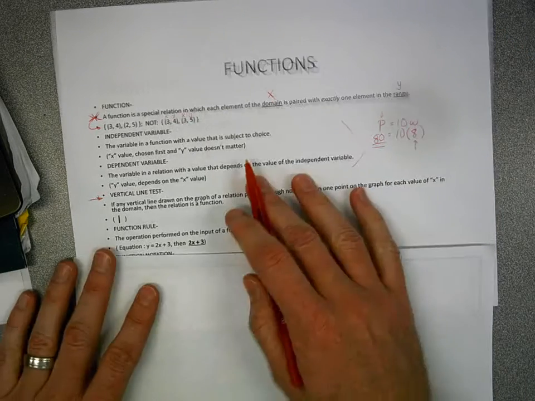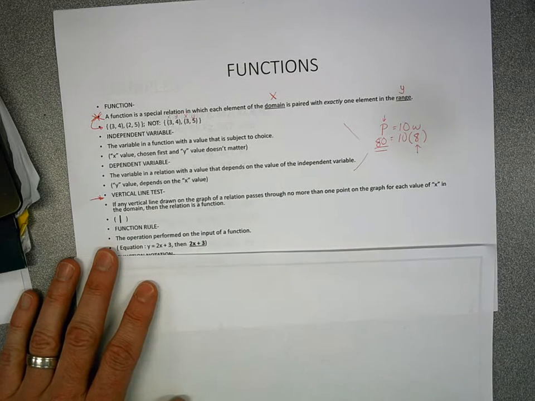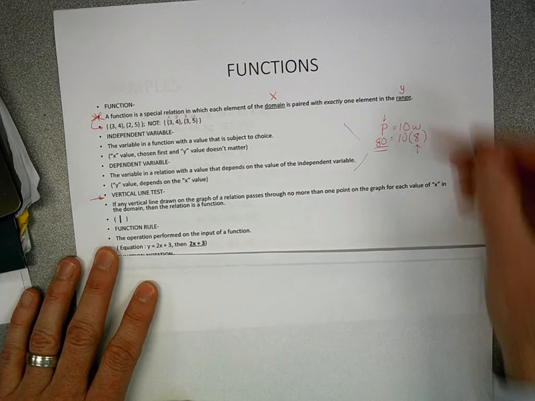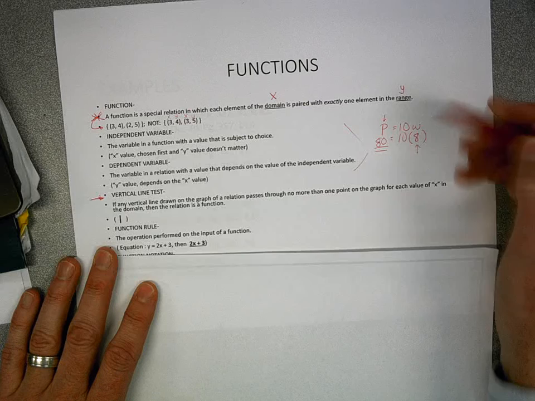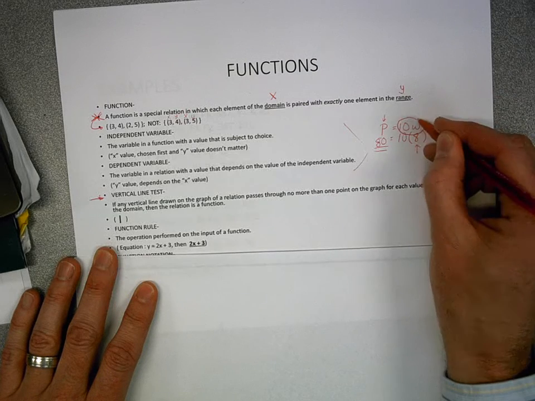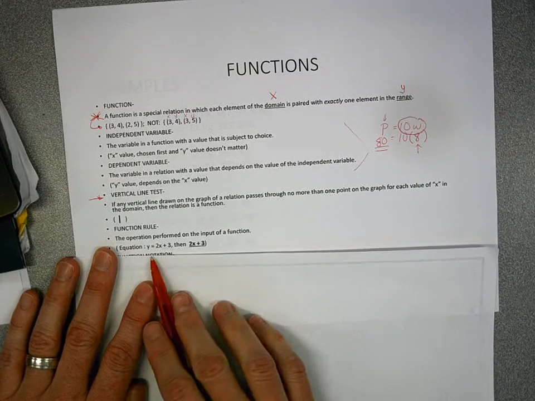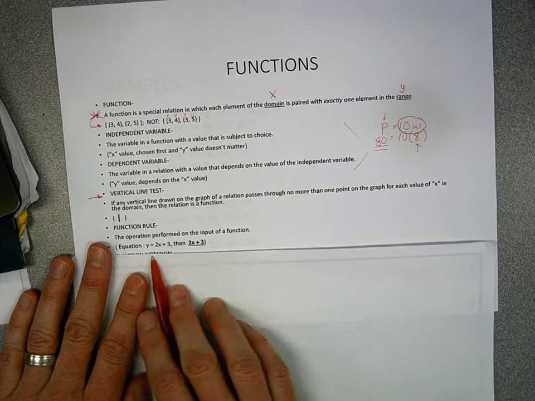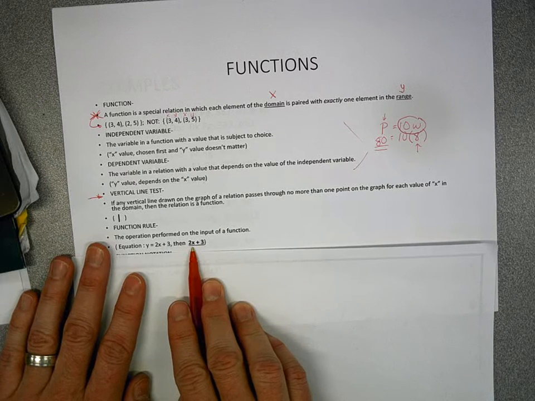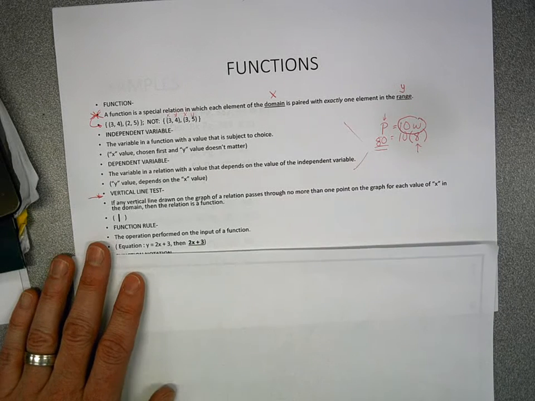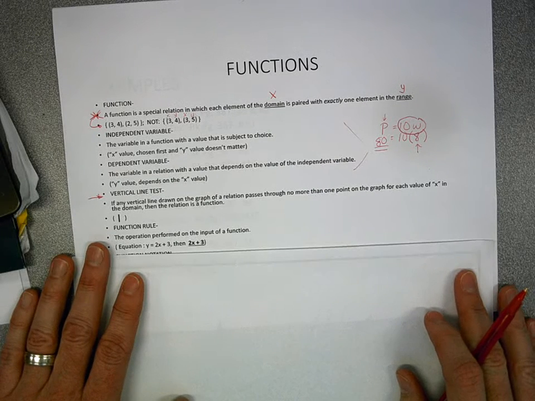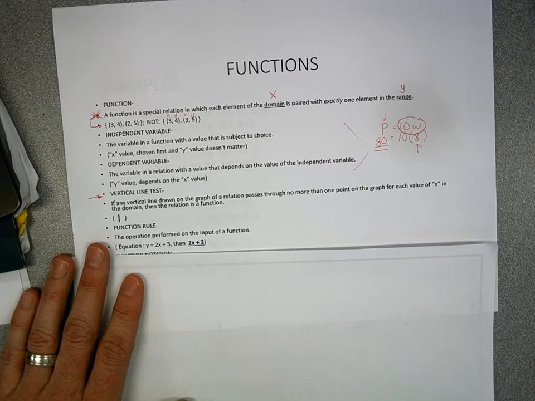So if you have something like y is equal to 2x plus 3, or p is equal to 10w, the 10w was our function rule. And in this case, y equals 2x plus 3, the function rule would be 2x plus 3. It's the equation that you use when you plug in the independent variable to get the dependent variable. When you plug in the number to get the answer.